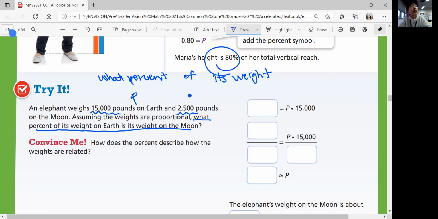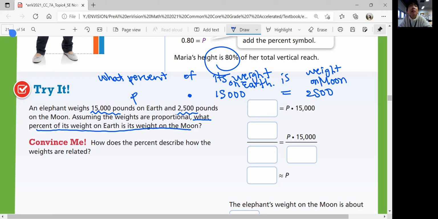Its weight on Earth. Weight on Earth is going to be 15,000, is equal to its weight on the moon, which is 2,500.